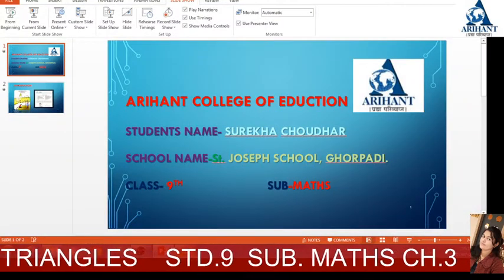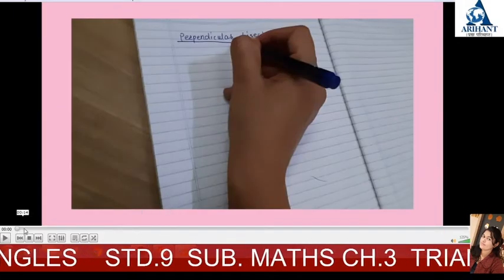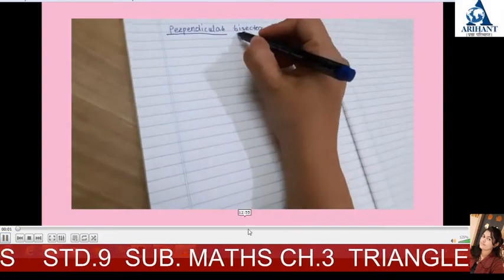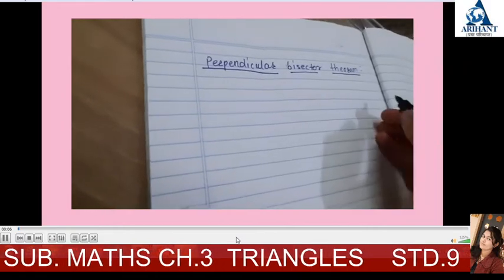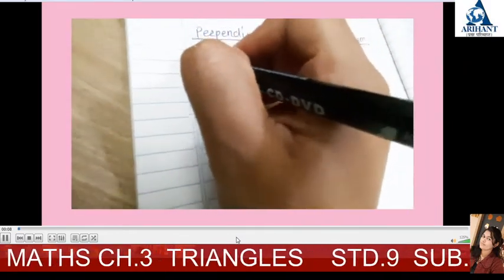So let's start with the perpendicular bisector theorem. It has two parts, so we will see.